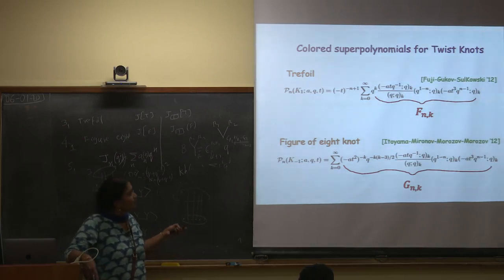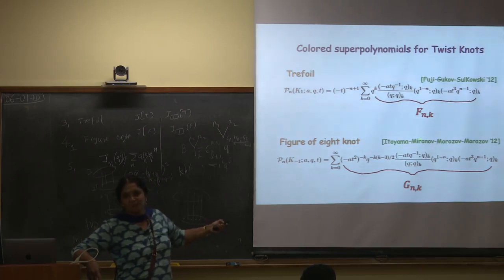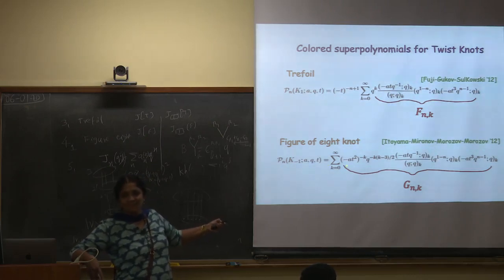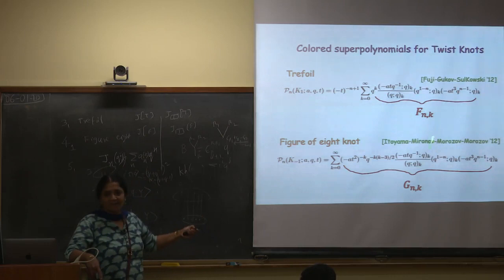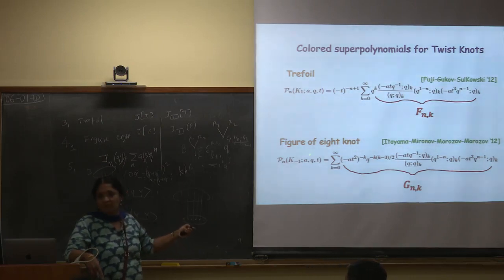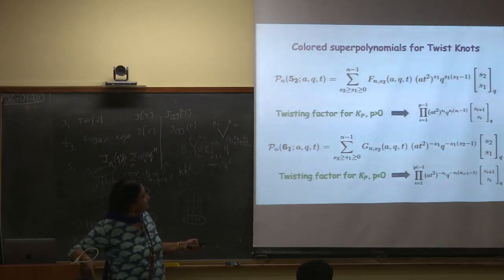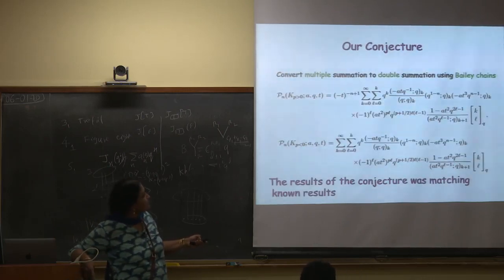In fact, we tried to redo it with the T variable included, like the categorification one, and it did work. Our guess and the existing data helped us to conjecture a form for it, and if you put T equal to -1, you will get the colored HOMFLY-PT. This was the interesting thing which we could use.